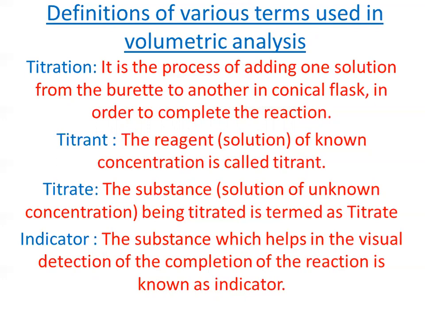When we do volumetric analysis, we take two solutions. As I told you just now, one of the solutions is a standard one, meaning its concentration is known to us. The other is a solution of unknown concentration. We will be adding one solution to another, drop by drop. One solution is taken in bulk quantity in a conical flask, and with the help of a pipette, it will be transferred.